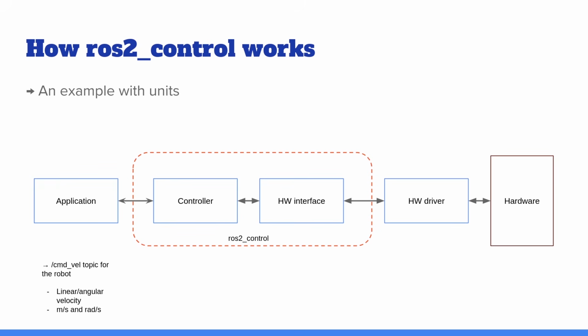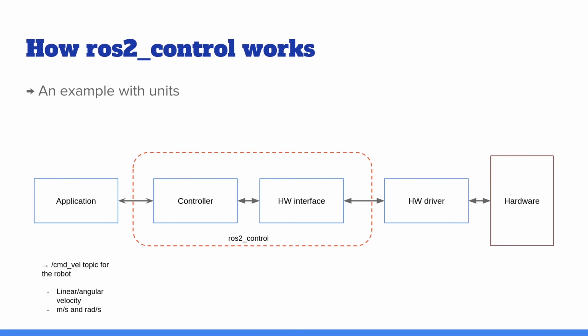Let's say that the application is navigation for a mobile base, and the application is sending a command velocity topic with, let's say, a twist message. You might already know this message. It's going to send a linear or angular velocity in meters per second and radians per second for the robot. So for example, going forward with a speed and then turning left or right with a certain speed.